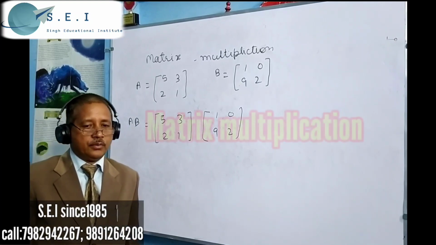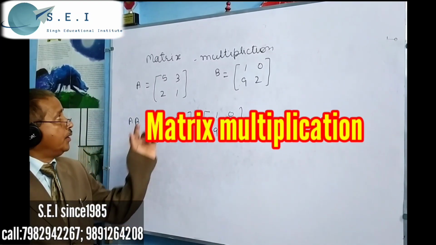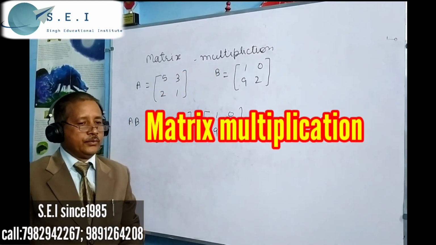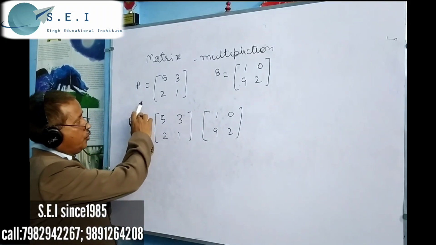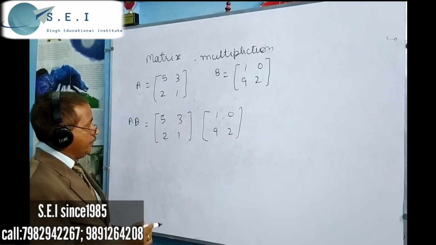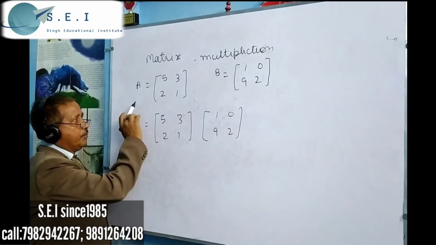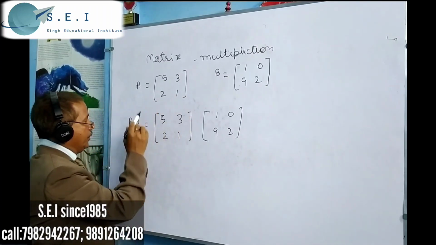The next topic is matrix multiplication of two matrices. Let us suppose here are two matrices A and B, and we want to multiply AB.